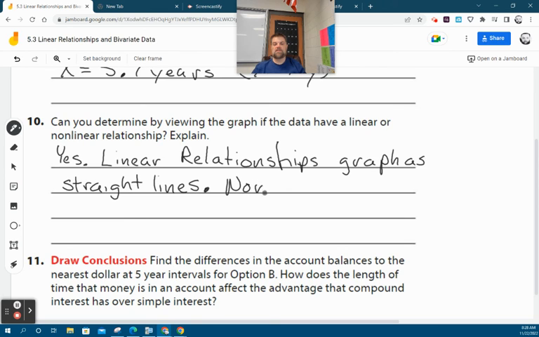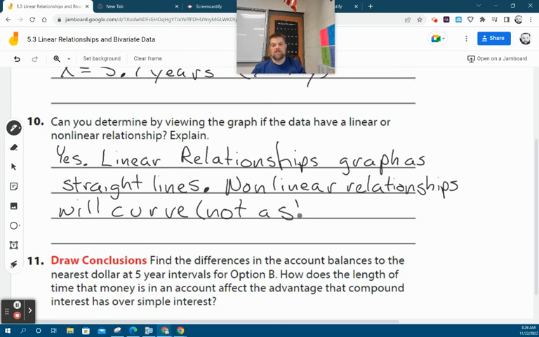Nonlinear relationships will curve, not a straight line.